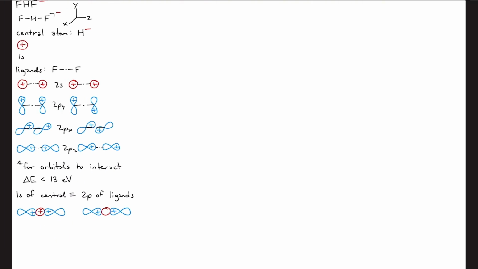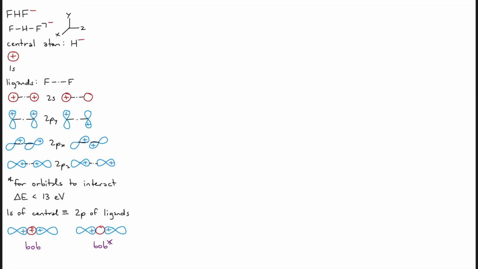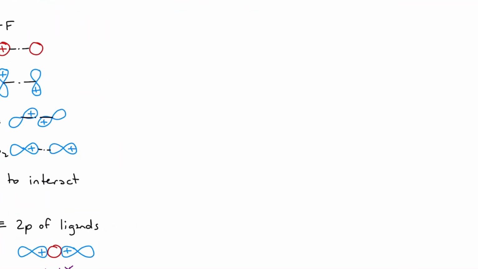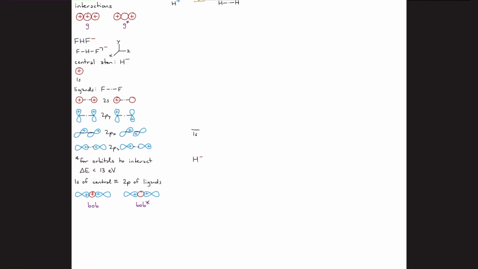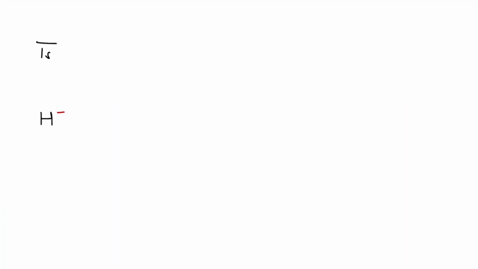So yeah, we can now draw the MO diagram of fluorine and hydrogen. To start, we're going to put the hydride on the left side as usual. That's going to be the hydride 1s, right? And then we're going to have the ligand group orbitals of the fluorines.